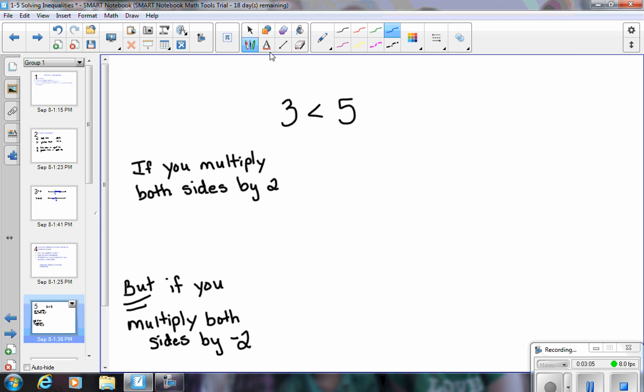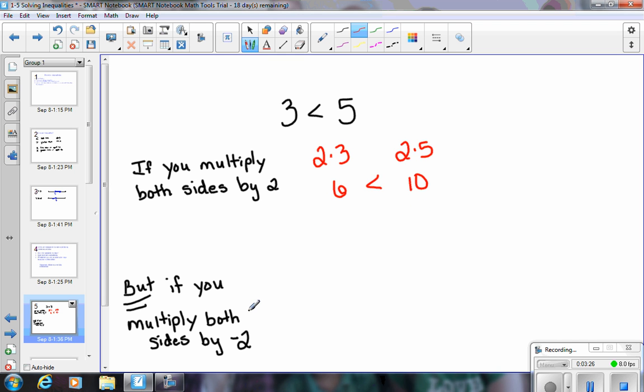Suppose you have the expression 3 is less than 5. Well, you know that's true. And what happens if you multiply both sides by 2? So you're going to have 2 times 3 and 2 times 5. So we get a 6, we get a 10, and 6 is less than 10. So that's still a true statement.